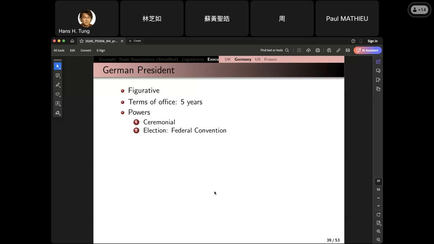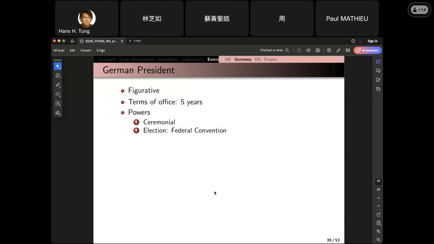So in other words, in the American context, revenue-related bills need to be proposed at the House of Representatives, and the Senate can only make revisions. So if you want to say there are some asymmetries, this is one of them between the House of Representatives and the Senate.